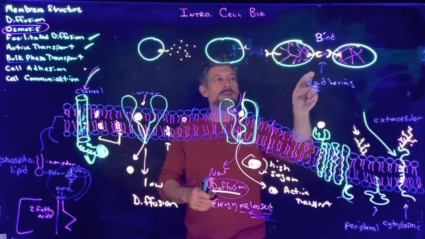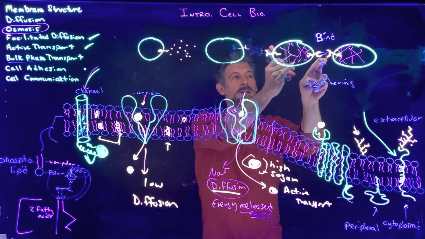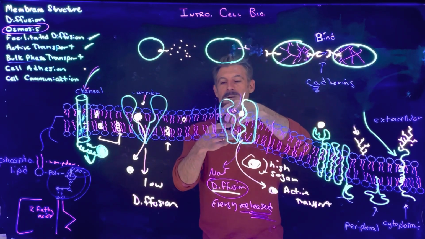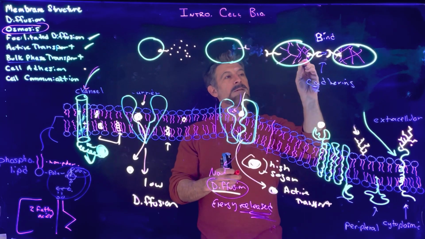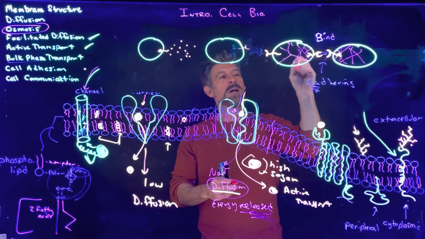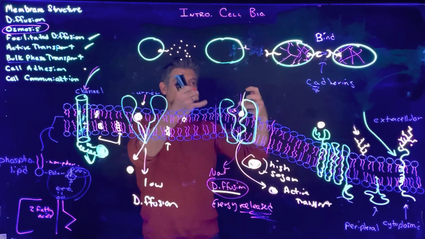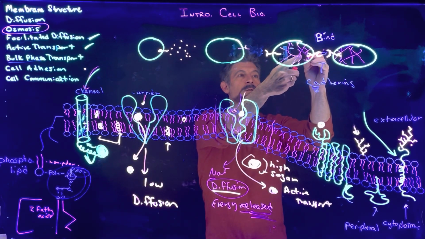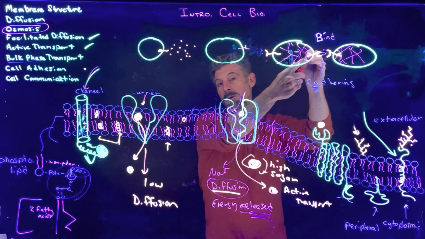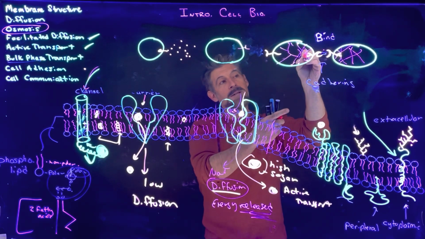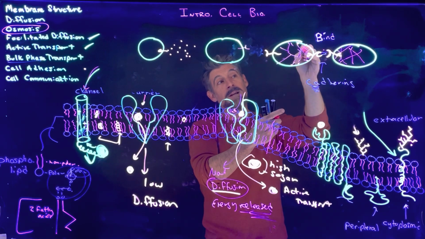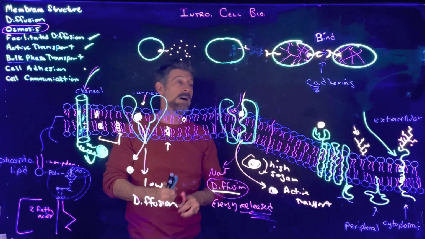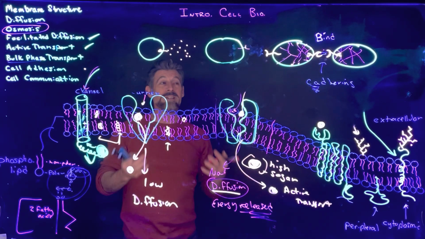So when they bind to each other, they're not just stuck in the membrane, they're actually attached to something on the interior of the cell that, like a spider web, has many attachment points, which gives it great strength.